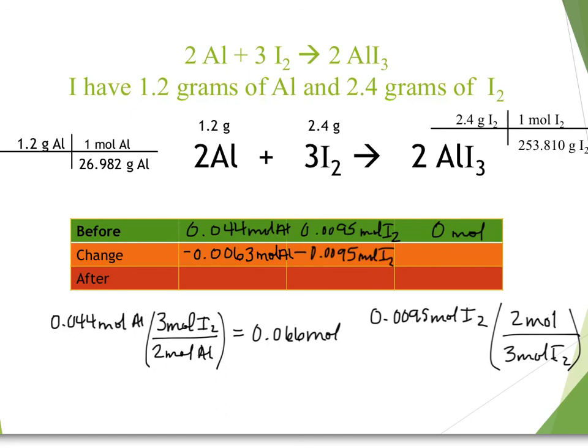Which is also going to tell us, because we have a 2 to 2 ratio between aluminum and aluminum iodide, that we're going to gain that same amount of moles of aluminum iodide.